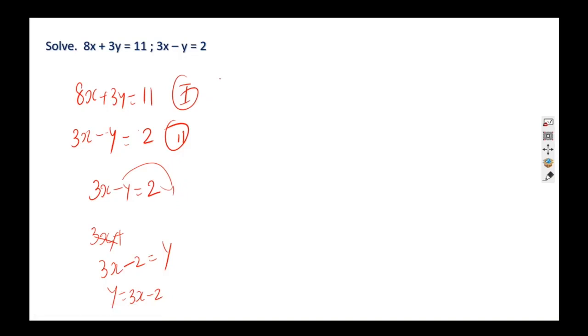That means 8x plus 3y is equal to 11. In this equation, in place of y we will put 3x minus 2, because it is obtained here. So 8x plus 3 into the y. What is y? 3x minus 2 is equal to 11.